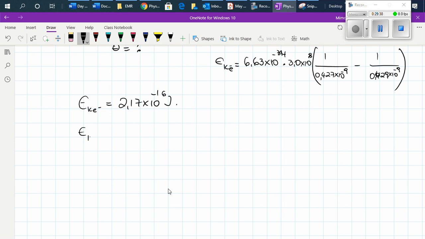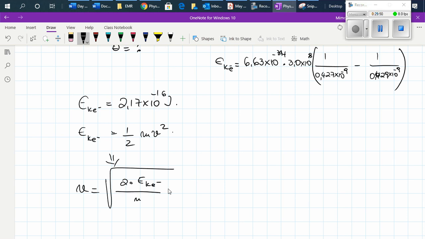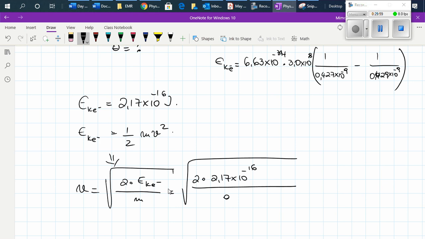Now, based on the fact that the electron is a particle, K equals 1/2 mv squared, and from here we find that the velocity is the square root of 2 times K over mass, or the square root of 2 times 2.17 times 10 to the power of negative 16 over 9.11 times 10 to the power of negative 31. Okay, the speed is 2.18 times 10 to the power of 7 meters per second.